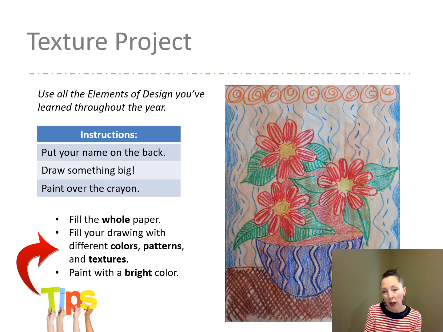And when they're using watercolors, we want to tell them to load up their brush with a lot of water. They want to use big brushes. They can even put a little water in the lid of their watercolor tray, take some color and load that in, and then sweep that across the entire paper to give it that feel of movement, that texture, and add a little more color to the picture.